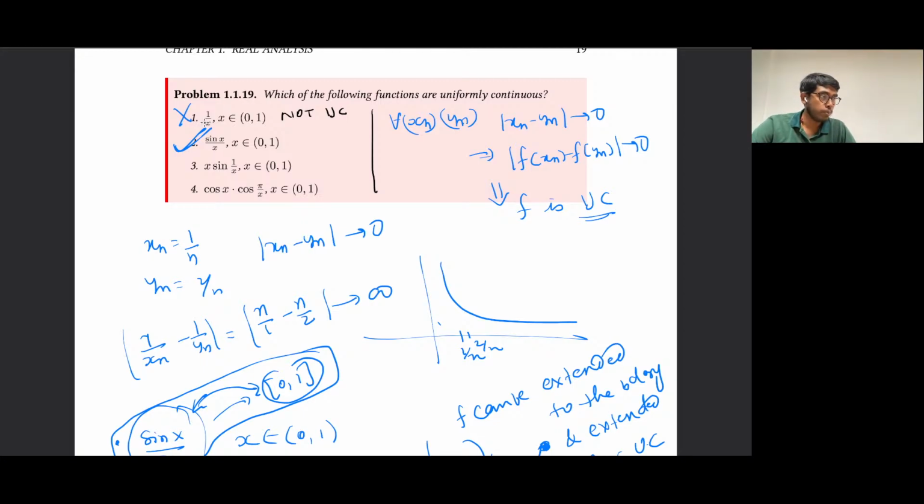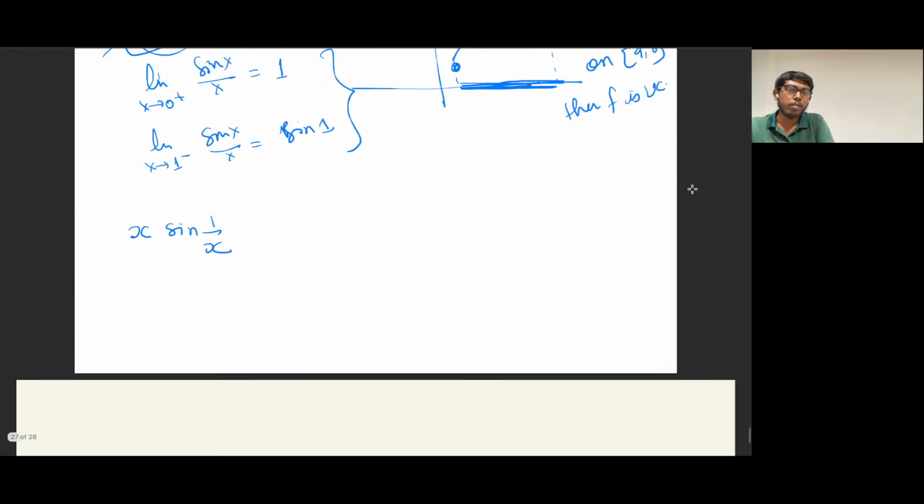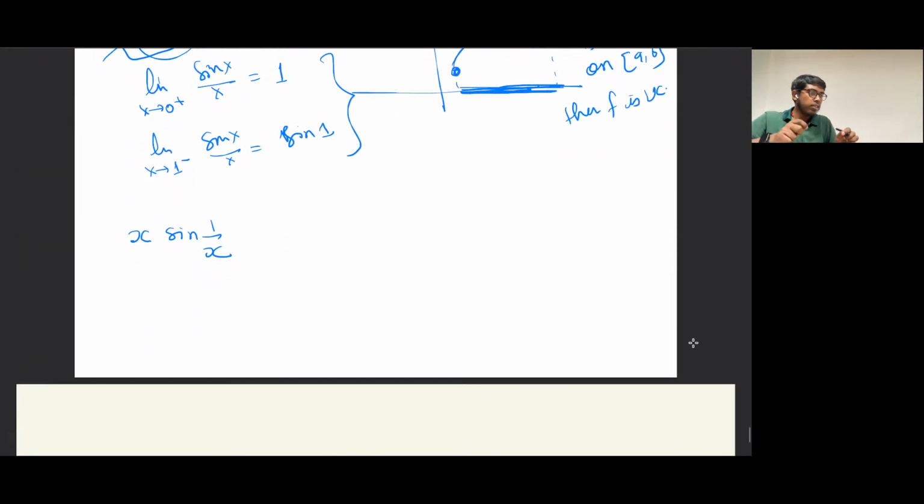So what about the third option, which says x sine 1 by x? Let's see what is happening here. Again you are doing sine 1 by x, and you are multiplying by x.